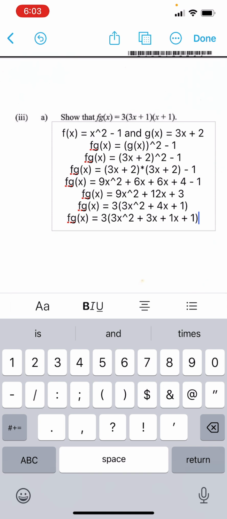Now this is 3x plus 1x. When the coefficients multiply, you're supposed to get the constant term.